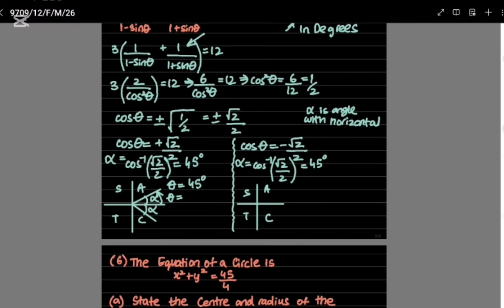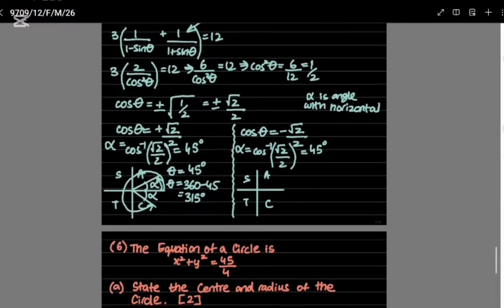The second solution is, you go in a clockwise direction, by the way. Forgot to mention that, so you go there, which is 360 minus 45, because you're taking a whole turn, minus 45, which is 315 degrees.